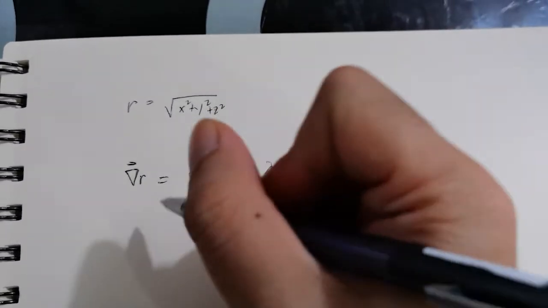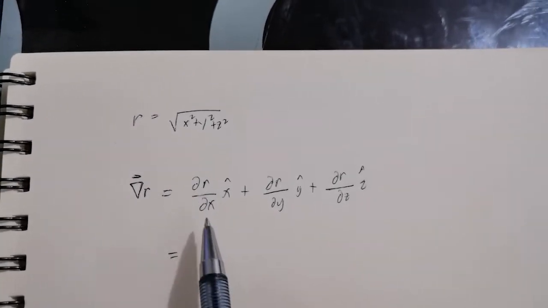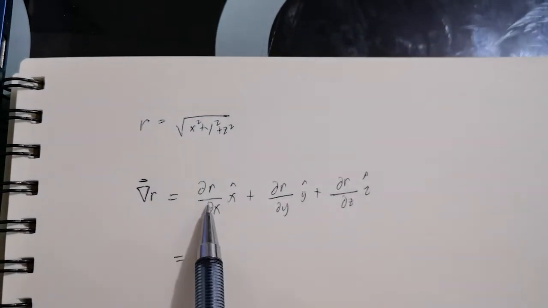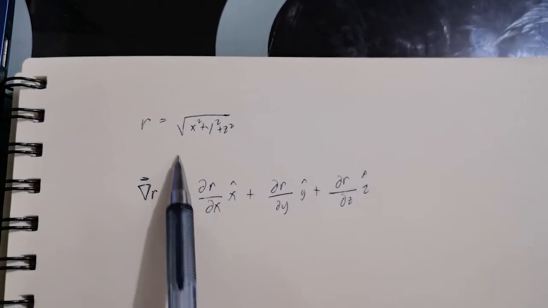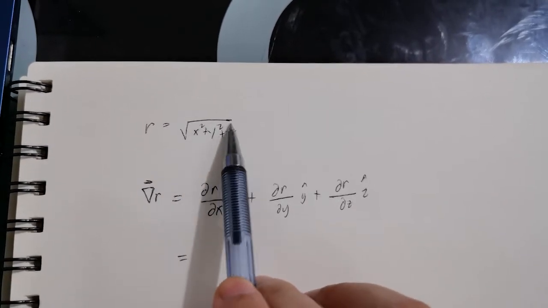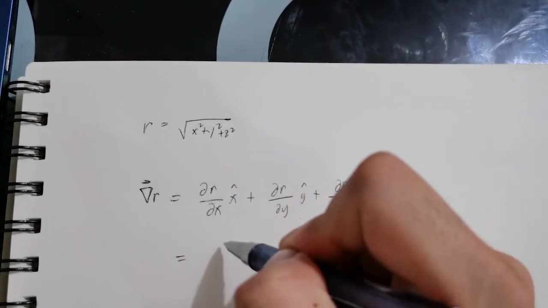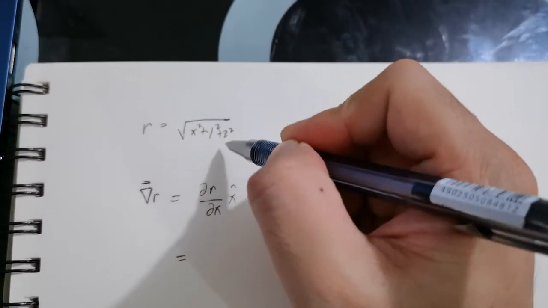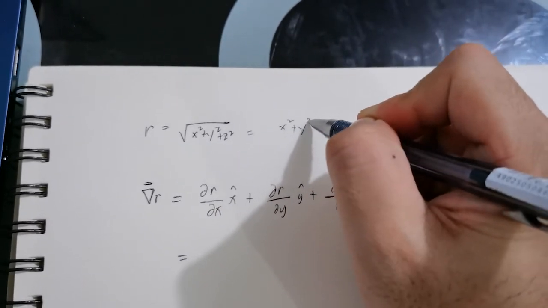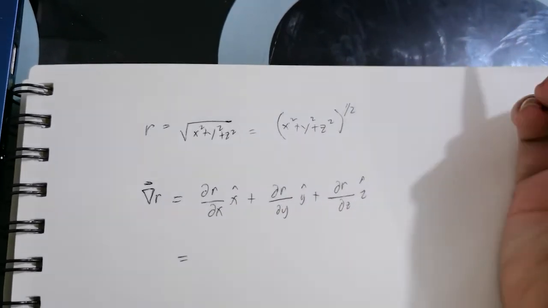Okay, then what we are going to do is take the derivative of r with respect to x. We know how to take the derivative of this one, we just have to make use of our prior knowledge on taking the derivative of such. The whole thing is equivalent to this to the 1/2.